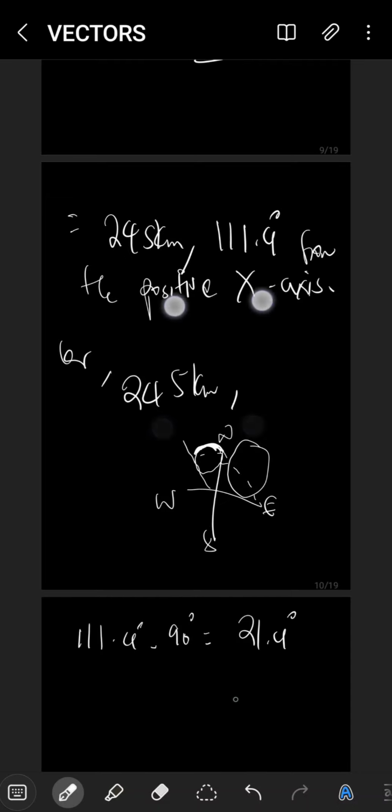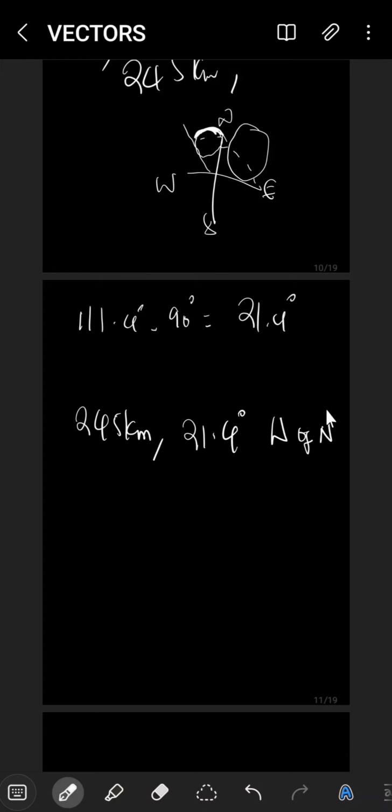Having that small angle, we can then rewrite this as 245 kilometers, comma 21.4 degrees west of north. The W should make sense. This is how you can write it.